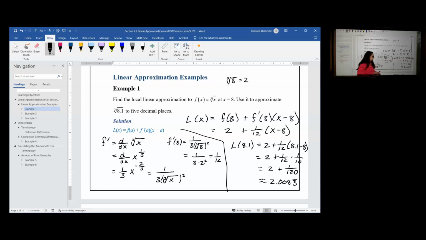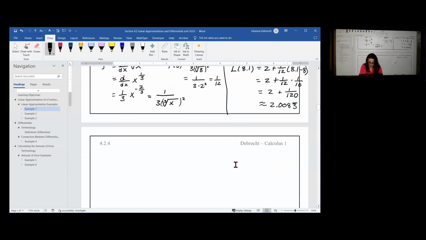In other words, it's accurate to 3 decimal places. And if you round to 4 decimal places, this is tremendously accurate. It's accurate to the thousandth place, and if you round to the ten-thousandth place, this gives you a way to compute it without needing a calculator. Let's take a look at another example.